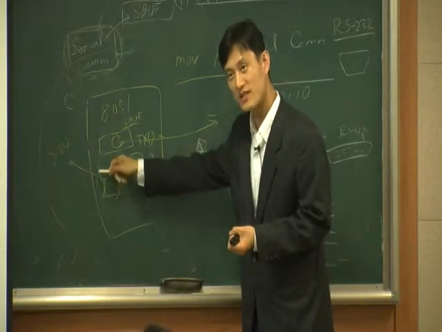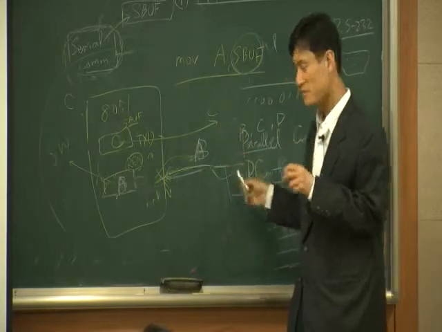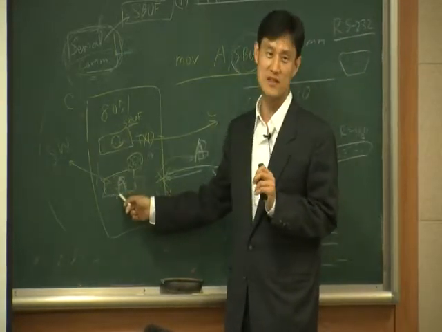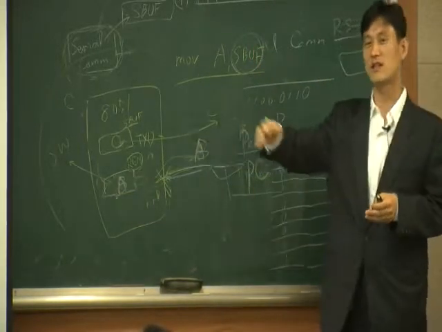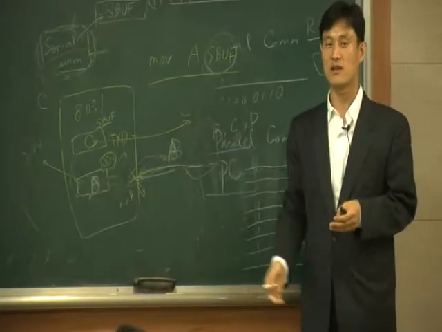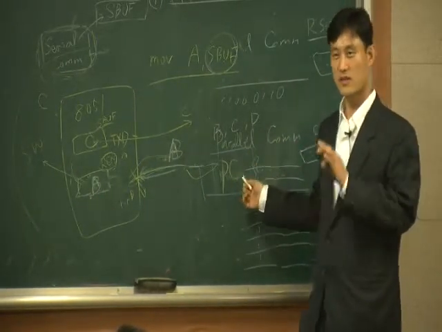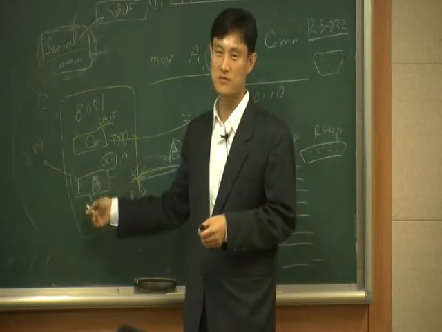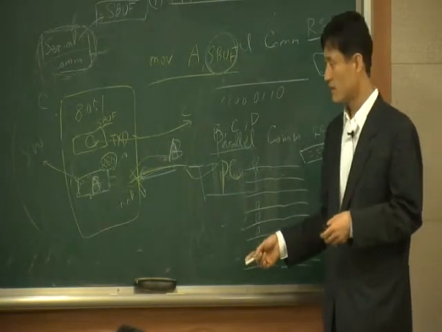So in that case, the software didn't read it yet, but the PC doesn't know. The PC never knows if the software already read it or not. The PC just simply sends A, a little bit later B, a little bit later C, a little bit later D. It never knows whether the letter was already read by software.